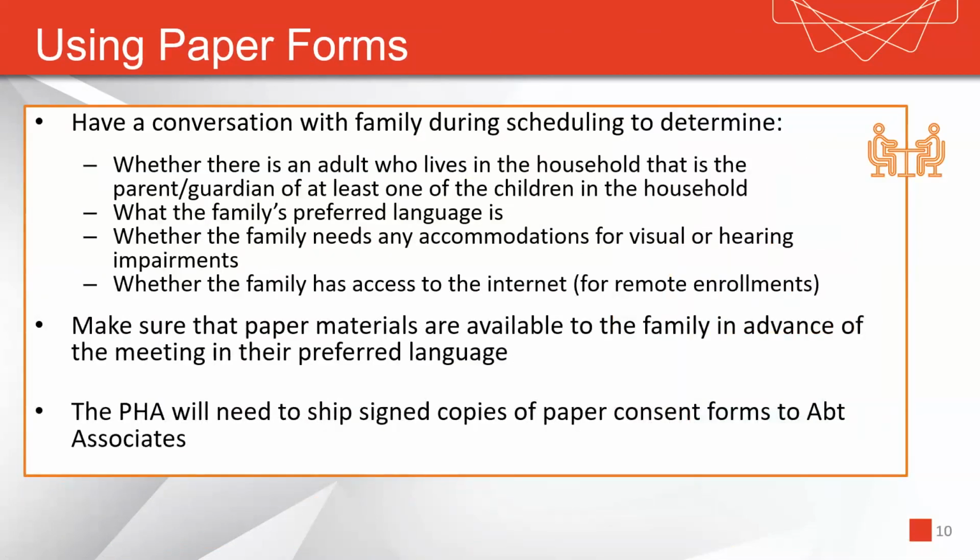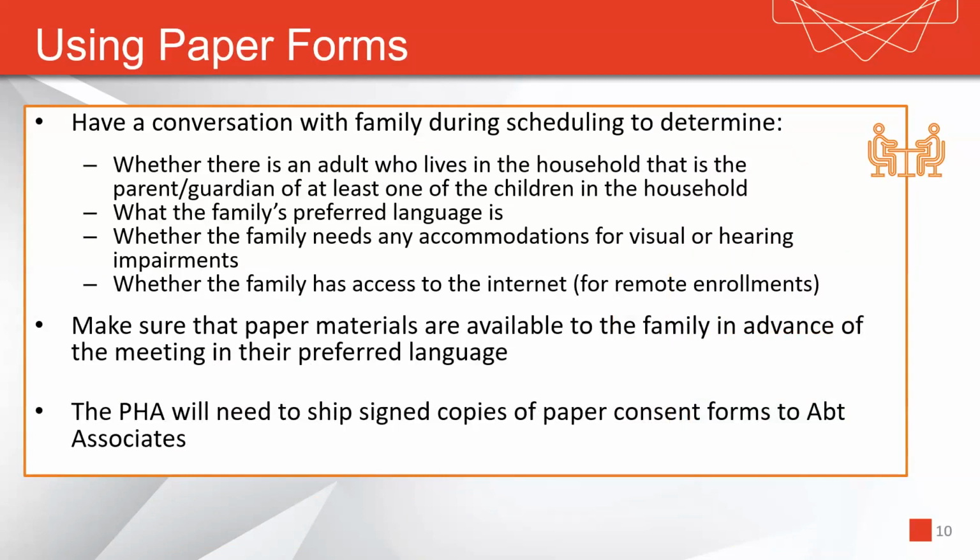And a really important thing to do when scheduling that individual enrollment session is to determine, first off, whether there's an adult who lives in the household that is the parent or guardian of at least one of the children in the household.